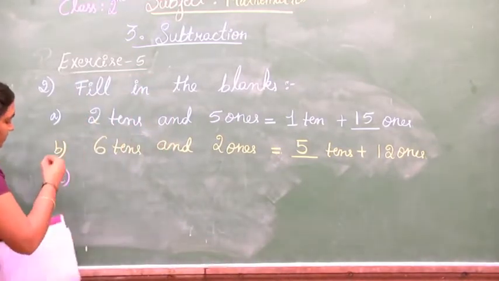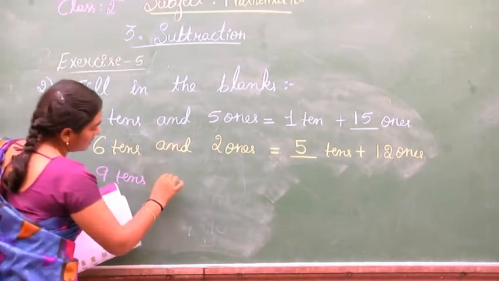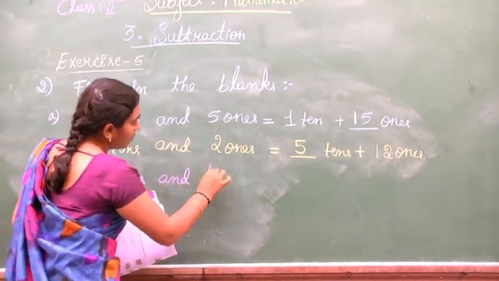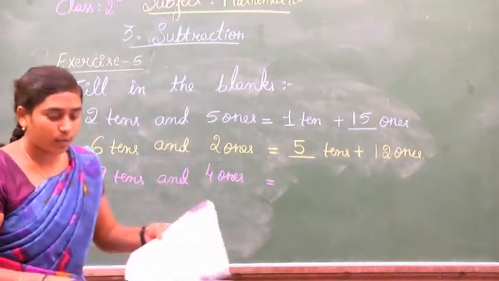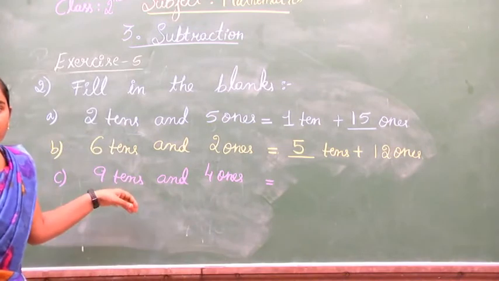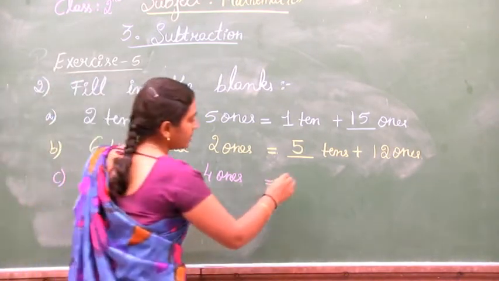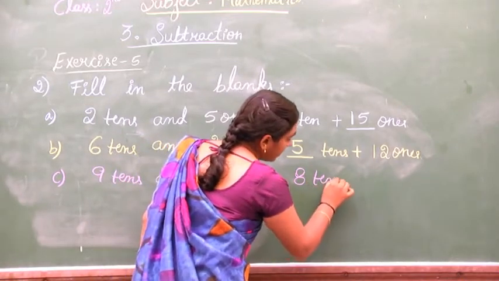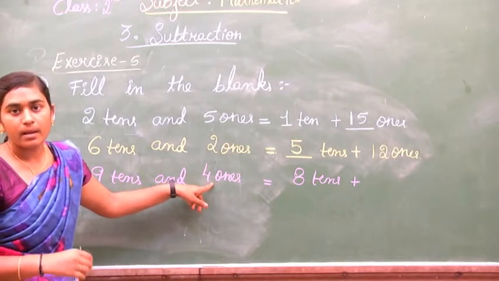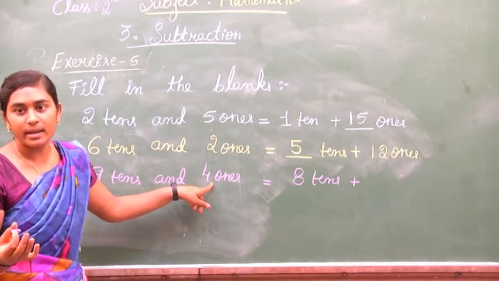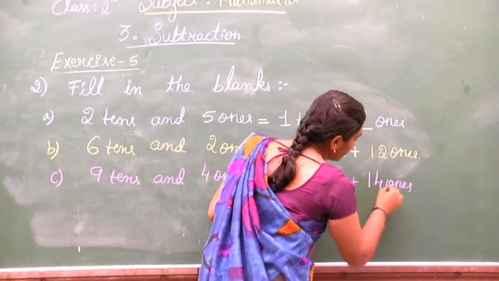Next one, 9 tens and 4 ones. 9 will be regrouped to the number before it. 9 before is 8 tens, and tell me what the 4 will be. 4 plus 10 is 14, right? 14 ones.